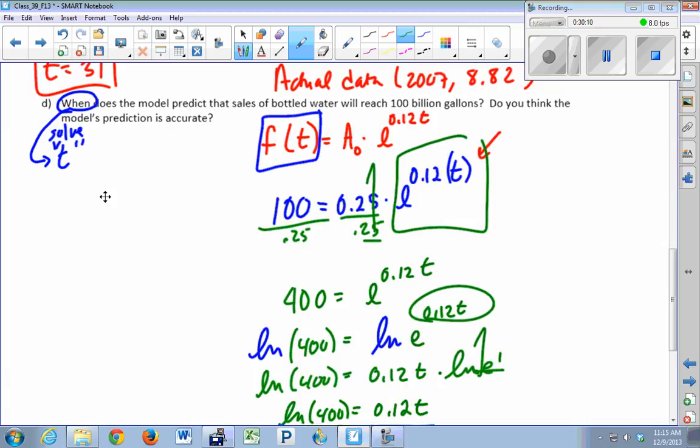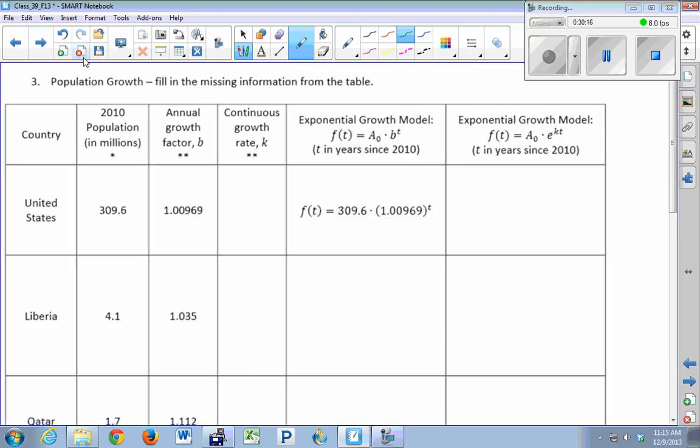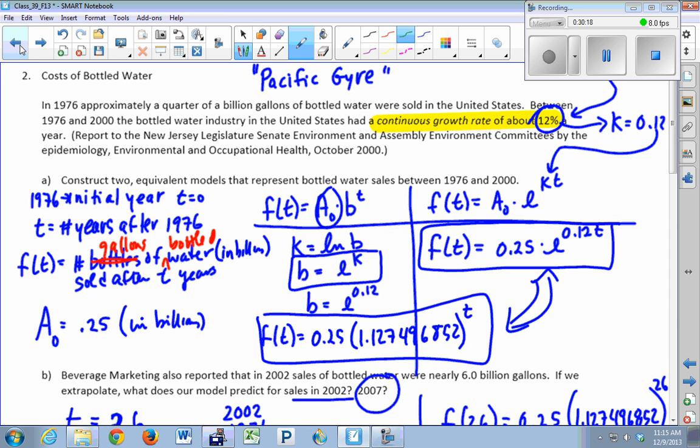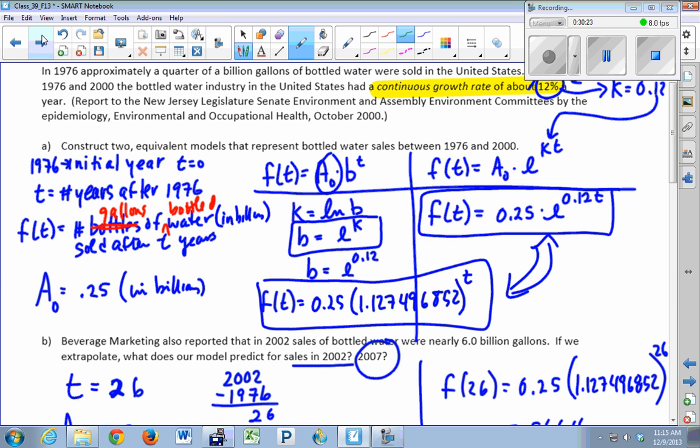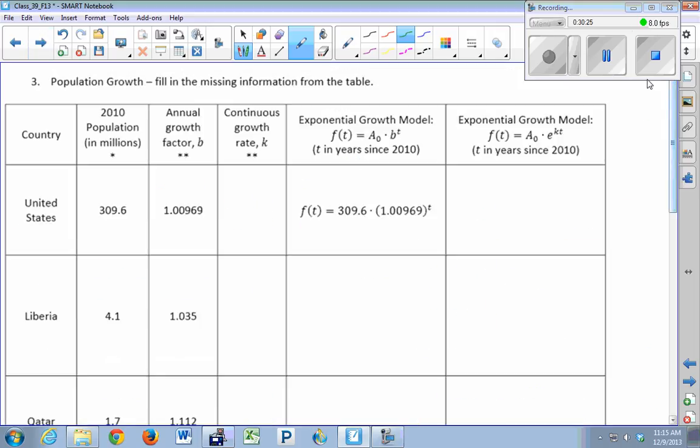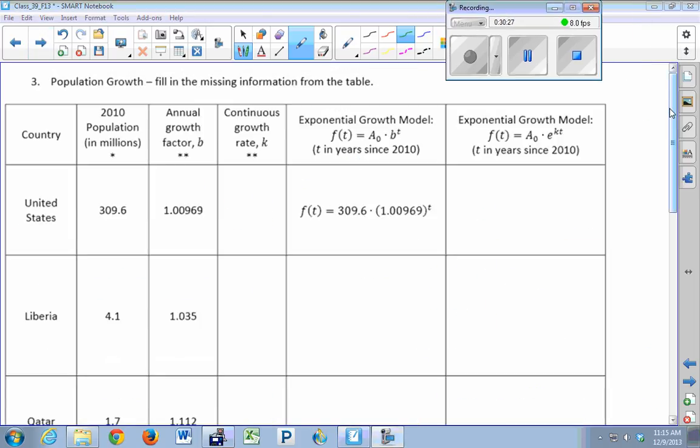The emphasis of your book on this section is on population growth. And population growth is an important problem to look at. I shouldn't call it a problem. In some places it's a problem, but as a world it is a problem, our population growth. And so similarly, you can use these two models to represent population growth. Doesn't matter which one you use.